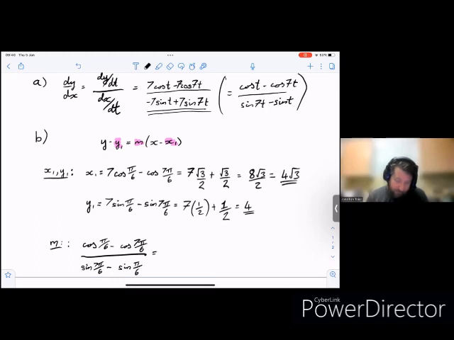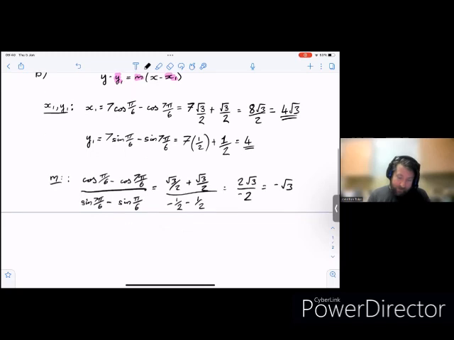So that will be root 3 over 2 plus root 3 over 2 over minus a half minus a half, which is 2 root 3 over minus 2, which is minus root 3.